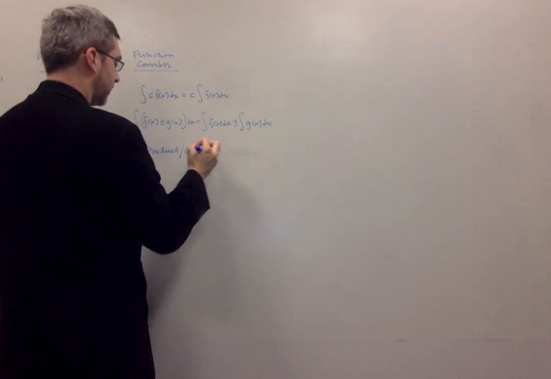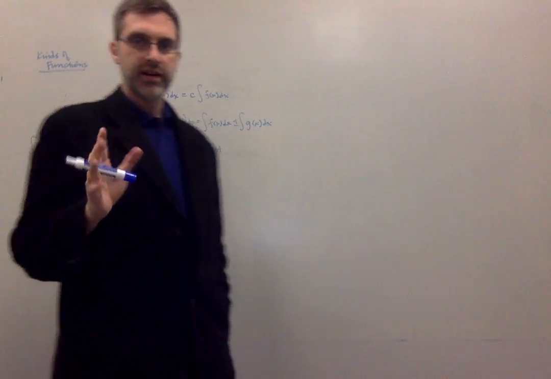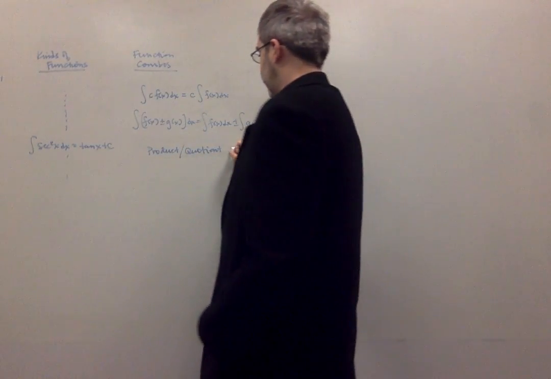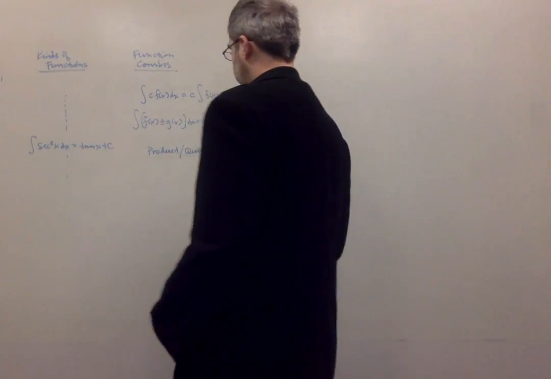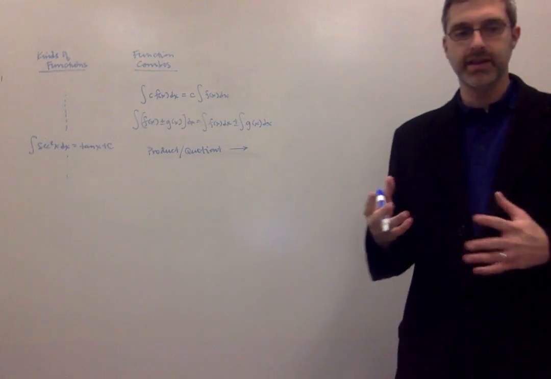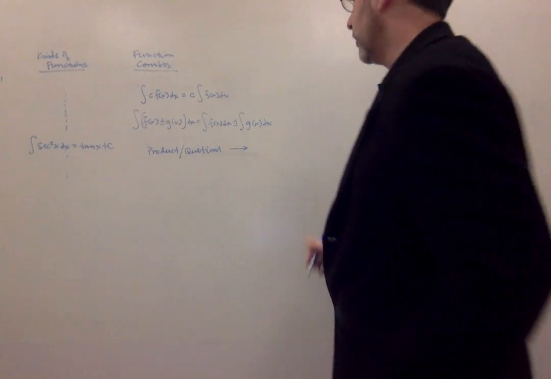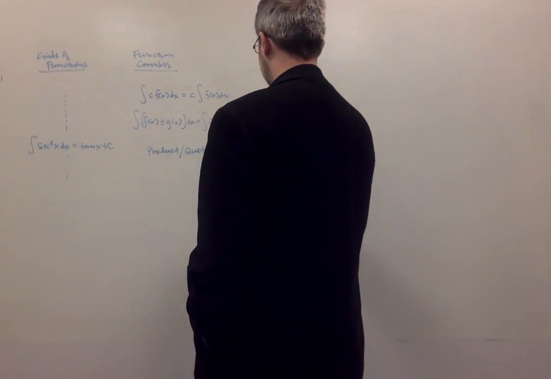Quotients are products. They're just products involving fractions. So we are going to investigate how to reverse a product rule or something kind of similar to that. We'll investigate that, but we won't do it until we get all the way to Chapter 7.